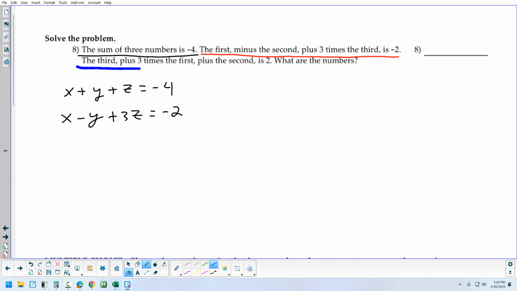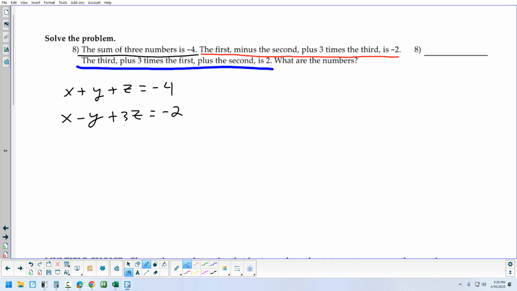And the last one, the third plus 3 times the first plus the second. I'm going to do this one off to the side because they're not giving it to us in the order we want, so we're going to have to fix it. But let's write it down the way they told us.